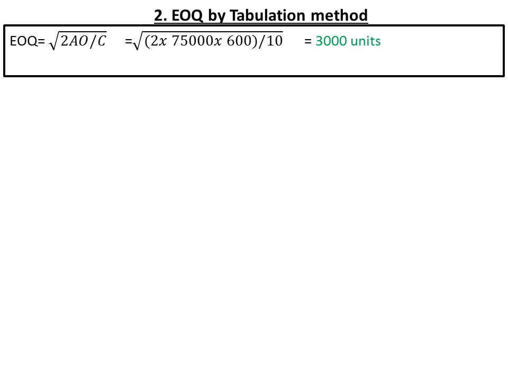So EOQ equals root over 2 into 75,000 as the value of A, into 600 as the ordering cost O, whole upon C, which equals 10 rupees per unit. Now we get 3000 units as the EOQ. Always use 3000 units, not rupees 3000.